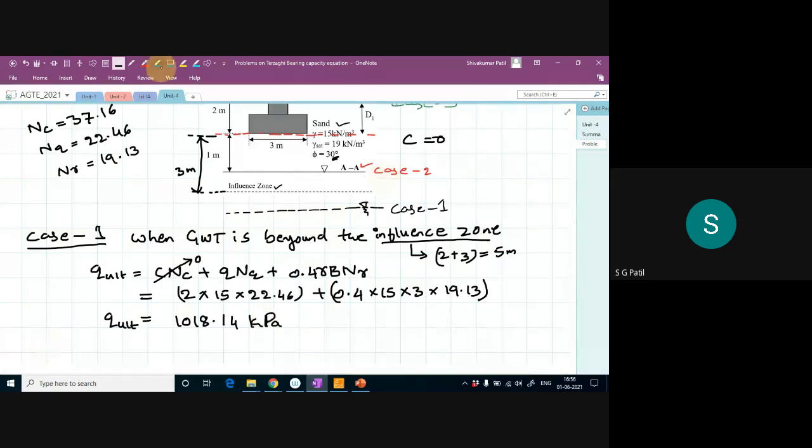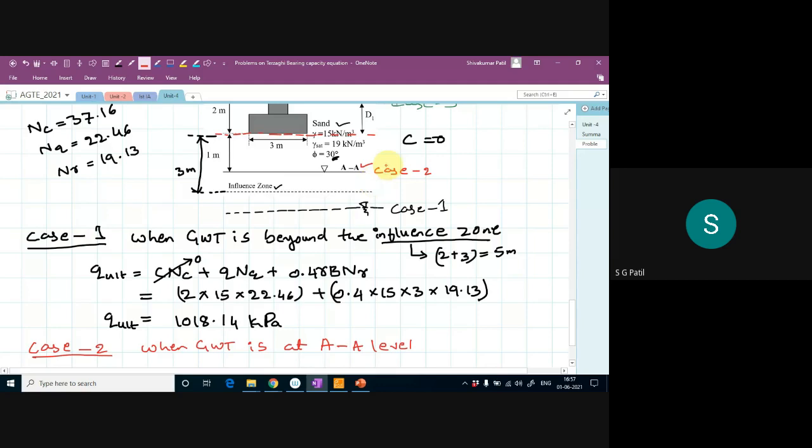So case 2 I'll write with the red mark. What is case 2 here? When the groundwater table is at AA level, that means just above your influence zone.